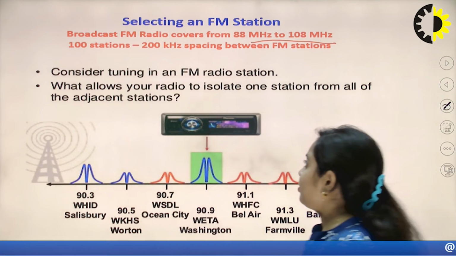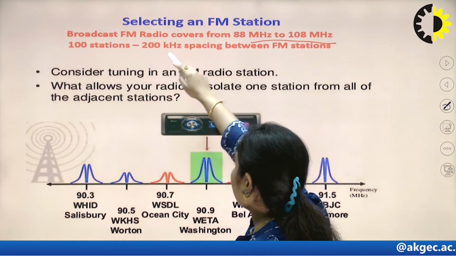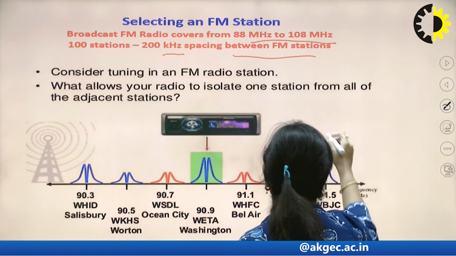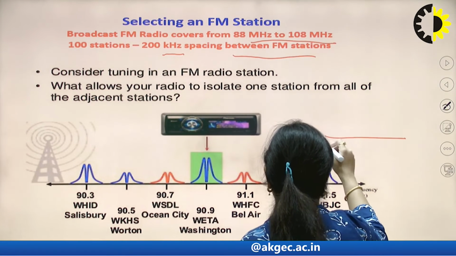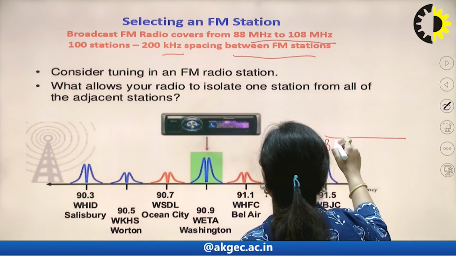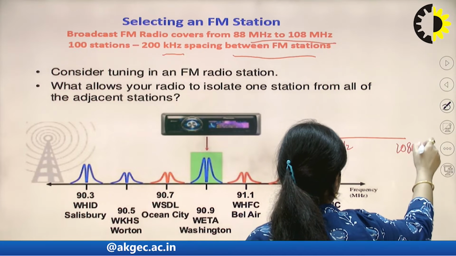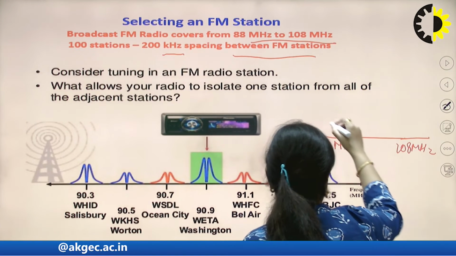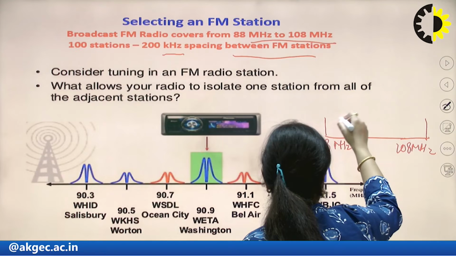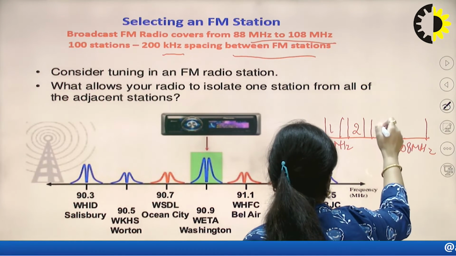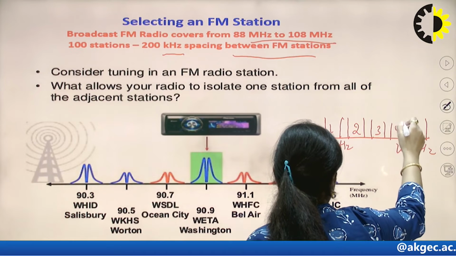So 100 stations are there, and the spacing between each station is 200 kilohertz, which means, let's say the 88 megahertz to 108 megahertz frequency range is there, and there are 100 stations. So in between these 100 stations, this is first, this is second, this is third, this is fourth, and so on.